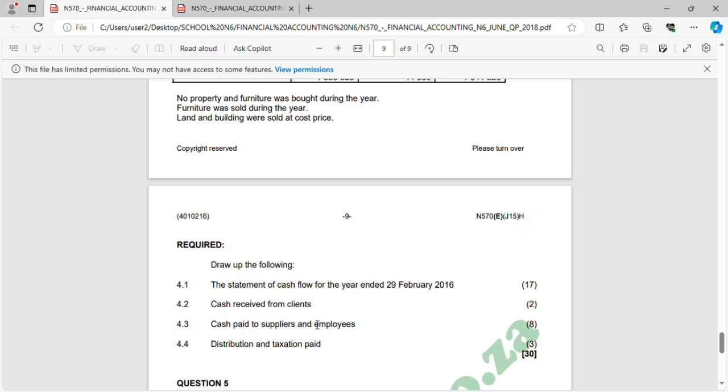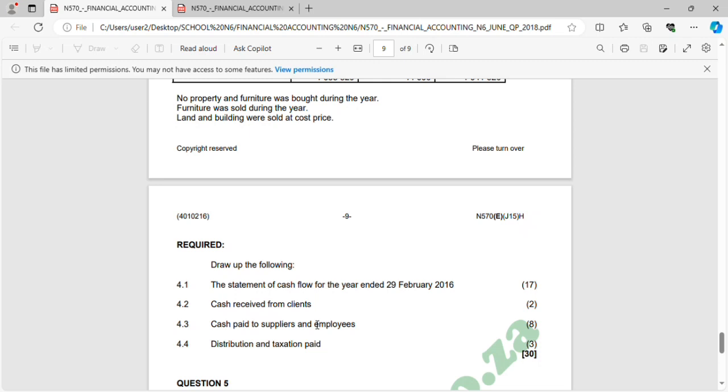So family, this is our required. They want us to draw the statement of cash flow, 70 marks, the cash received from clients and the cash paid, and also distribution and taxation paid. Remember, in the first activity I did the cash flow statement, but I only did the notes.